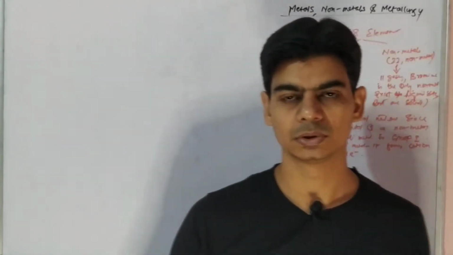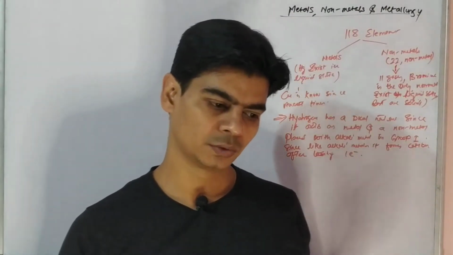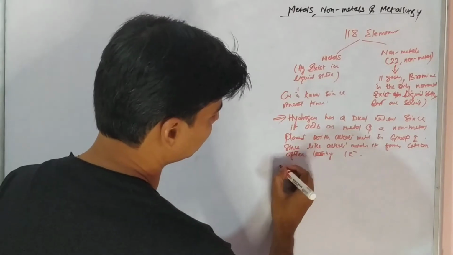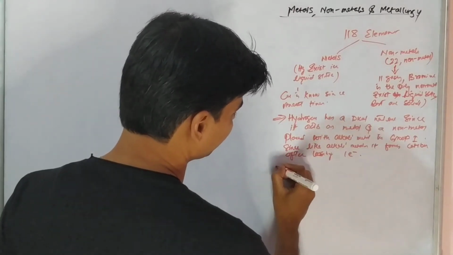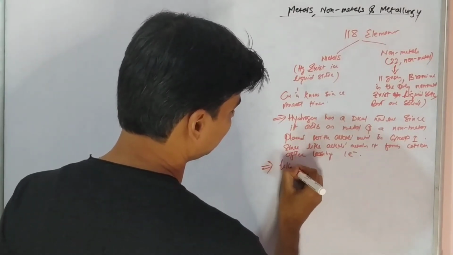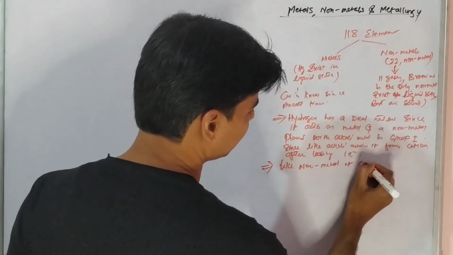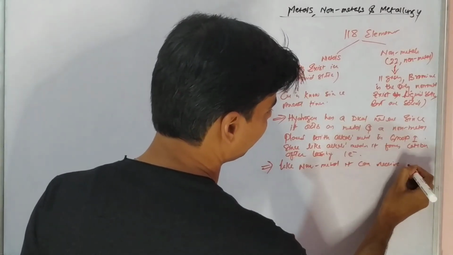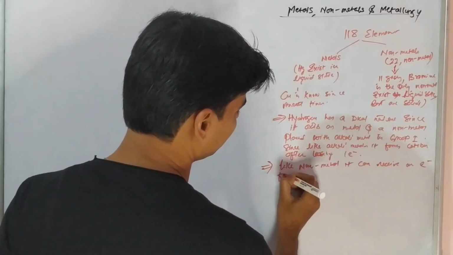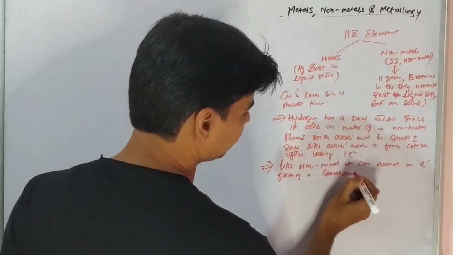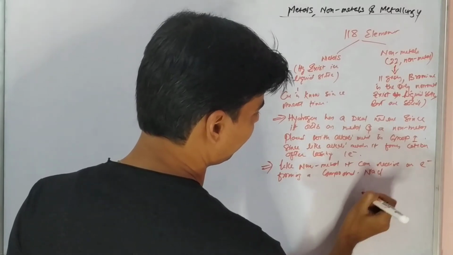Similarly, hydrogen can also form a compound with sodium metal, right? How? Hydrogen has 1 electron, it can receive 1 electron from sodium, forming sodium hydride, right? So it acts like non-metals. It can receive an electron, forming an electrovalent compound like sodium chloride, right?